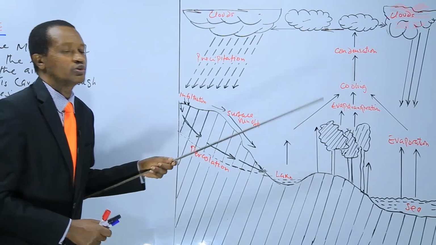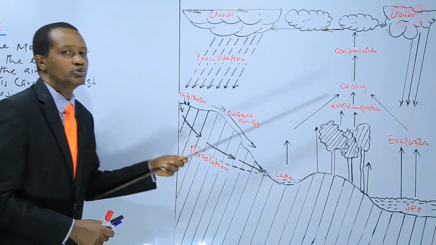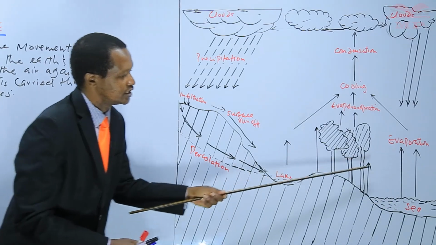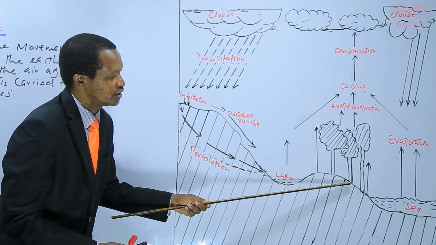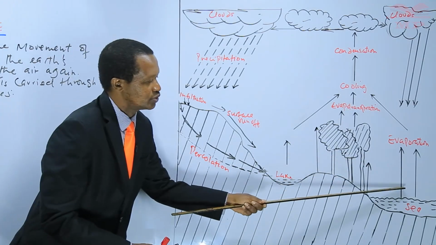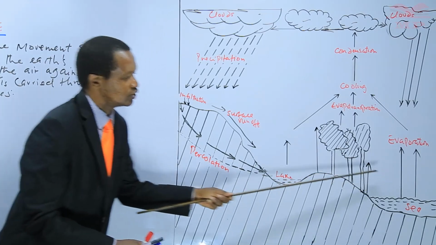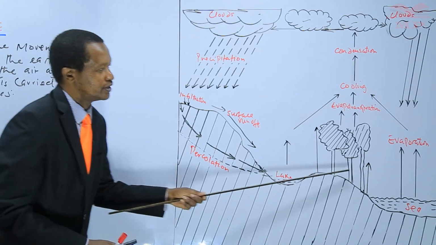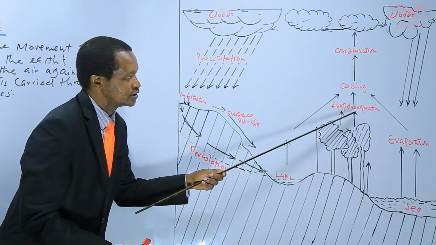The loss of water through these two processes, from the water surfaces and from the soil, the combination of loss of water from liquid to water vapor, is known as evapotranspiration.